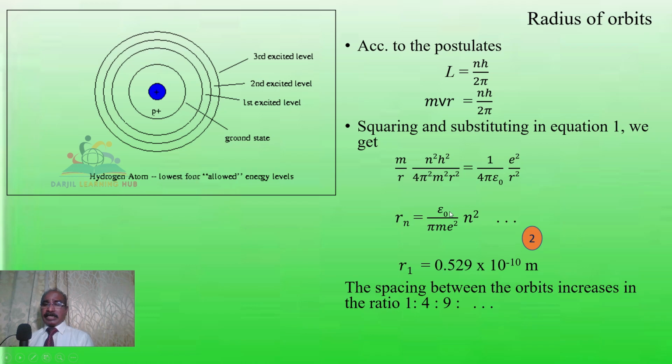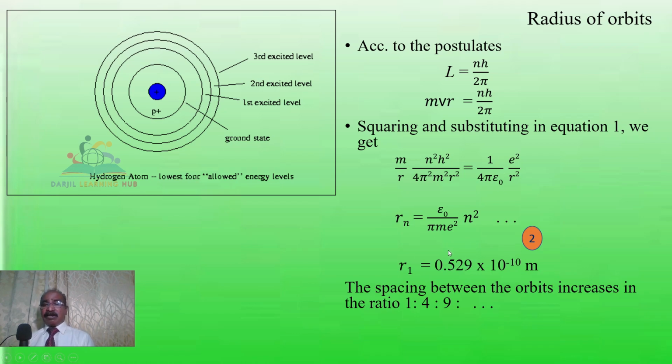Epsilon 0 is a constant, pi is a constant, m is the mass of the electron which is also a constant, and e is the charge of the electron which is also another constant. Substituting all these values, it comes to be 0.529 Angstrom when n equals 1. For the first orbit, the radius will be 0.529 times 10 to the power of minus 10 meter, that is 0.529 Angstrom.